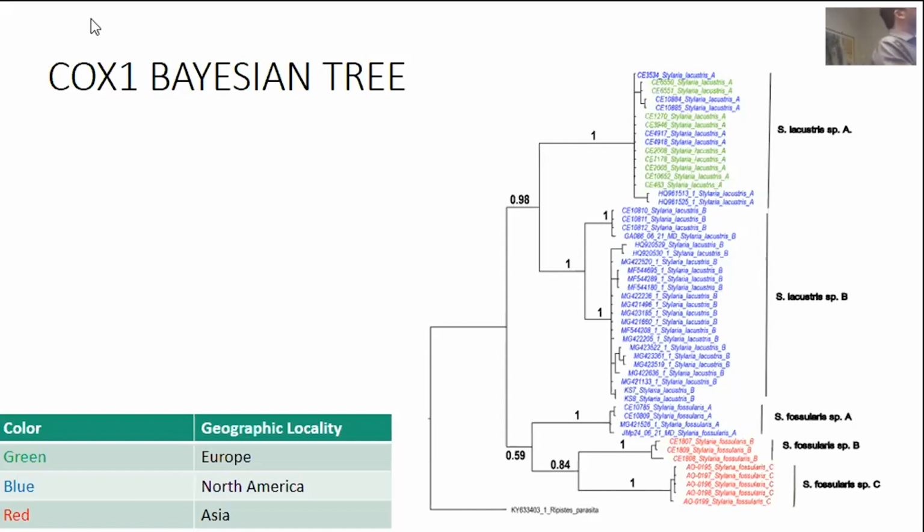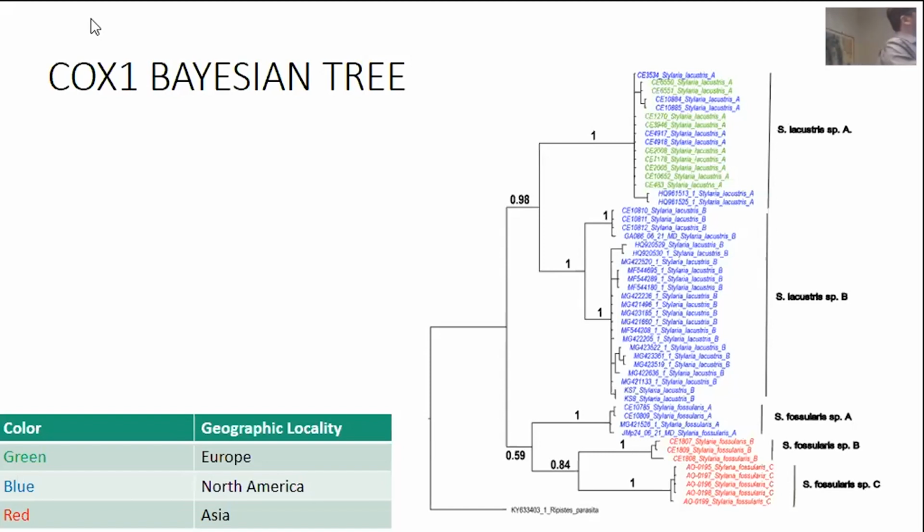The ones in green are from Europe: Sweden, Italy, and Finland. The ones in blue up here are from North America: Canada, Washington State, and Michigan. Obviously, some of the North American ones are blending in with the European ones. These are probably introduced from Europe itself.